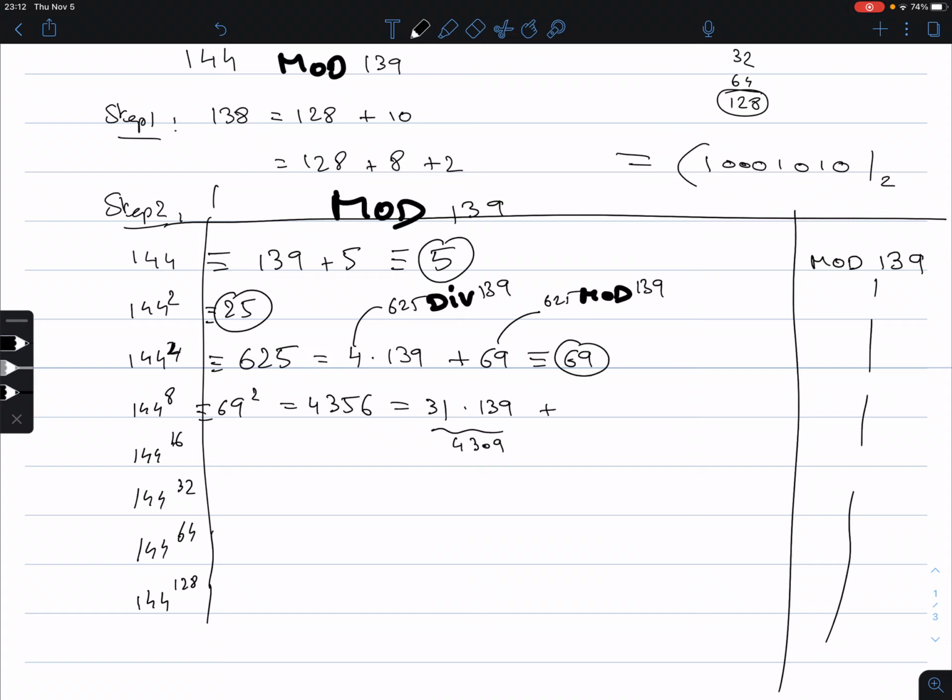So what is missing looks to me as 47, right? Let me check, I did something wrong. What did I do wrong?